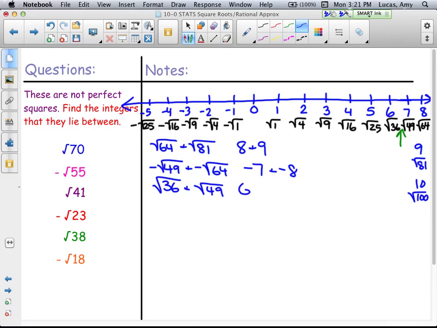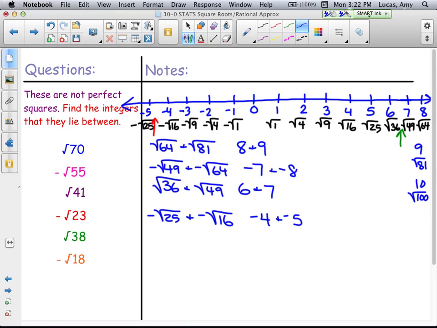So it's between 6 and 7. Negative square root of 23, that's going to be in here. So it's between the negative square root of 25 and the negative square root of 16. So negative 4 and negative 5.